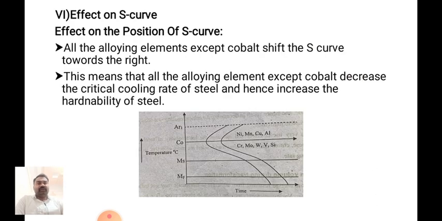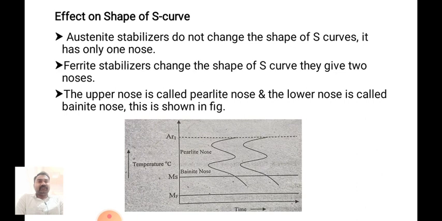Then the effect on the S curve, the TTT diagram we observed in the heat treatment unit: the S curve will shift, meaning there will be a change in the occurrence of the S curve.